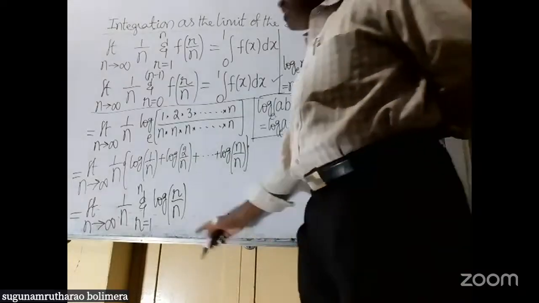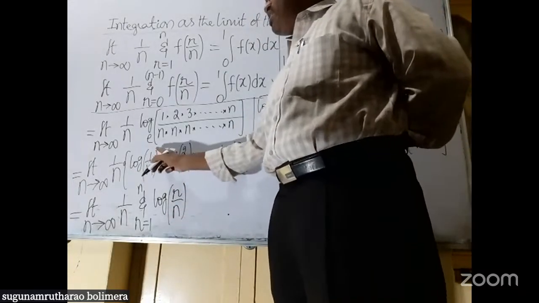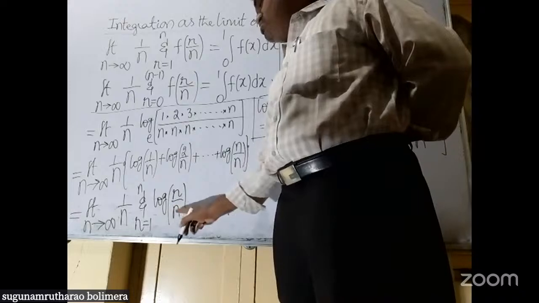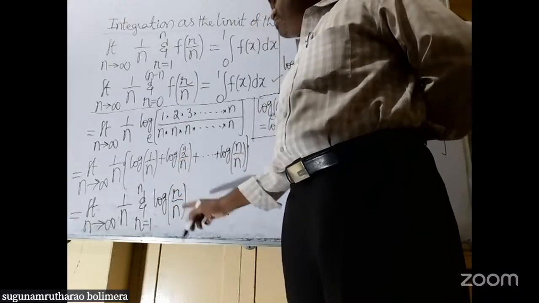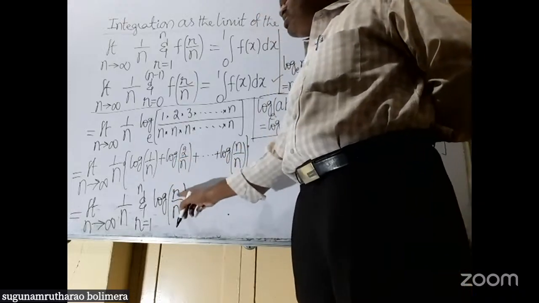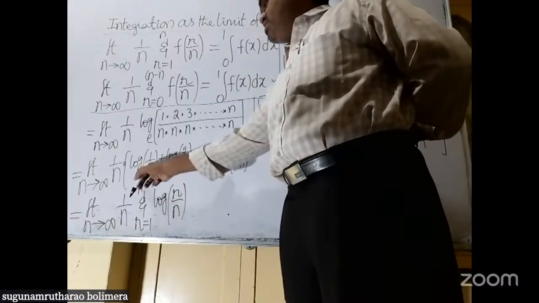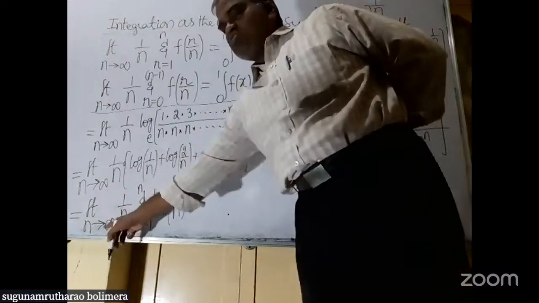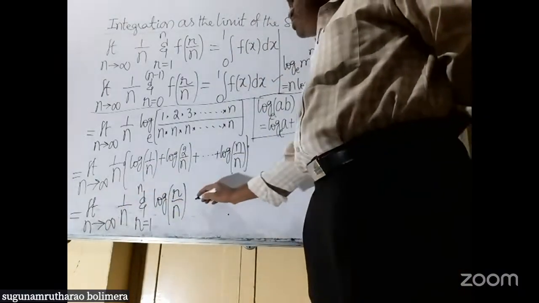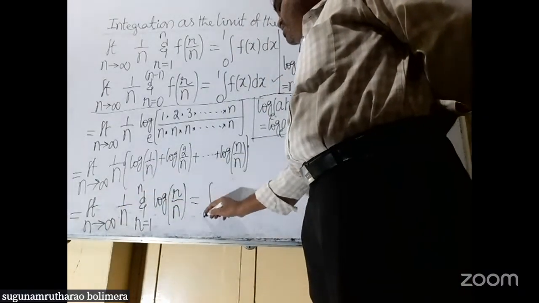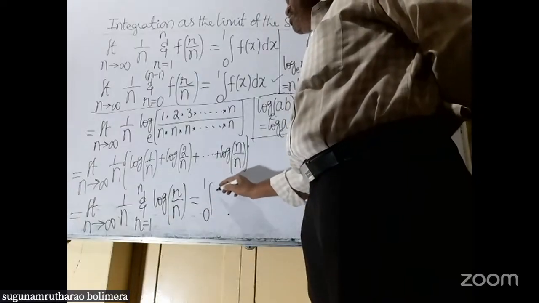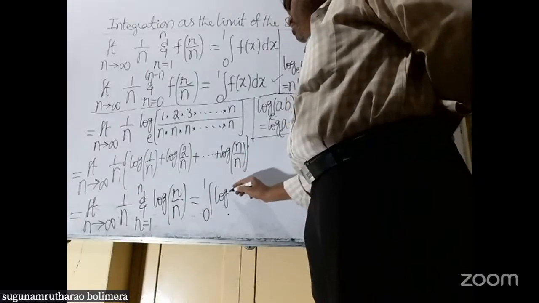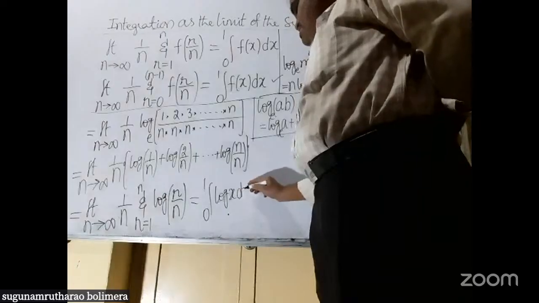If you put r equals 1, log 1 by n; r equals 2, log 2 by n; r equals n, log n by n. All these are multiplied by 1 by n. Limit n tends to infinity, this you can write as integral 0 to 1 log x dx.